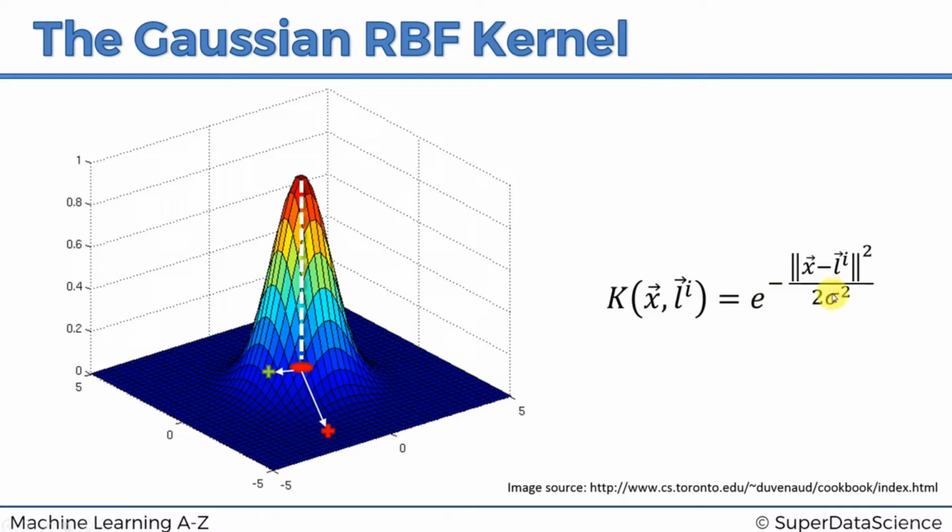As you get closer to the landmark, this number gets closer to 0, like minus 0.01, minus 0.0001, and so on. We get closer to e to the power of 0, and e to the power of 0 is 1.